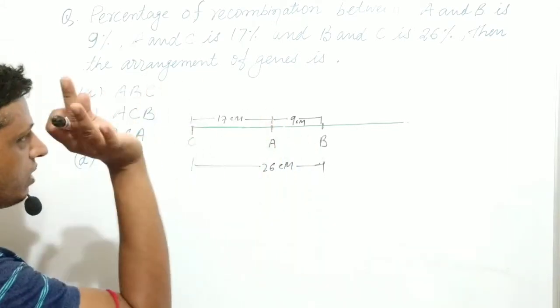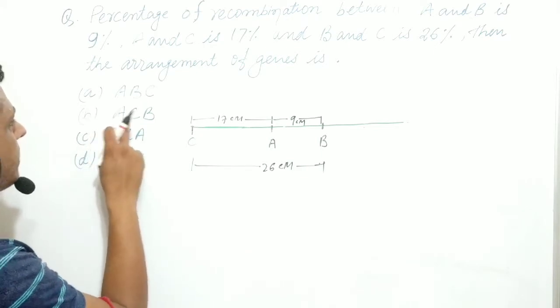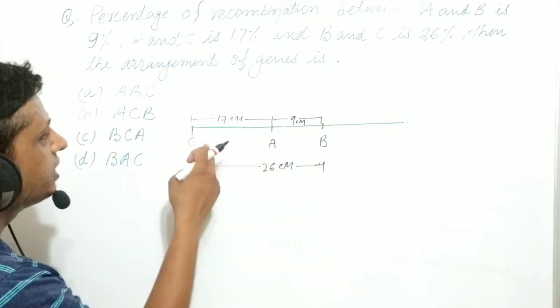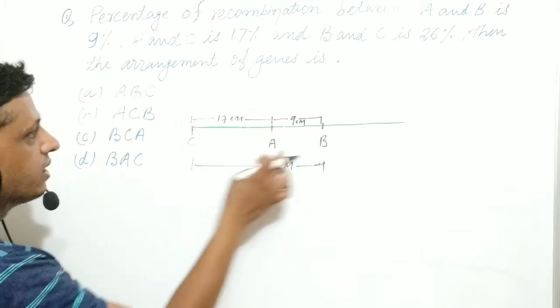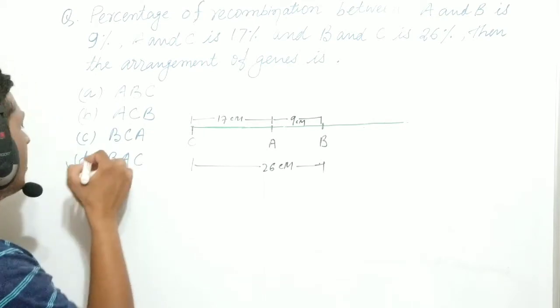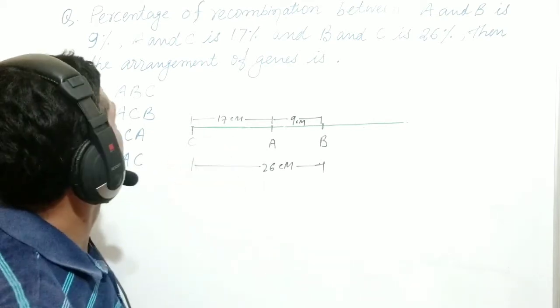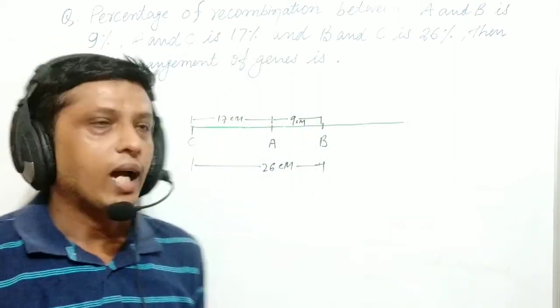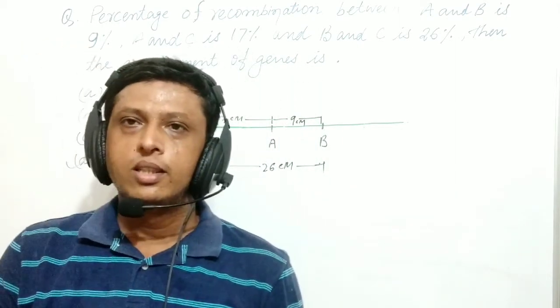ABC, no, this will not be the correct option. ACB, no, ACB is not. BCA, no. BAC. So this is the correct order of the genes in the chromosome. So the gene order is BAC. I think you have understood all this. Okay. Thank you.